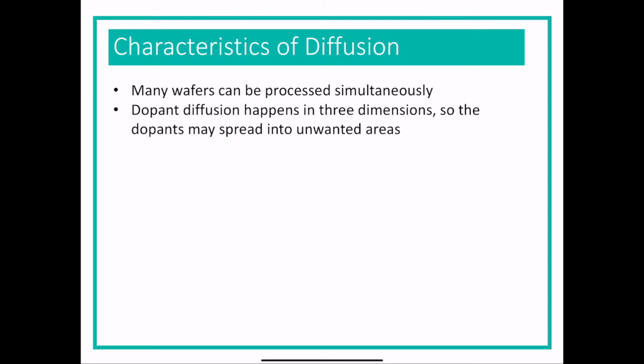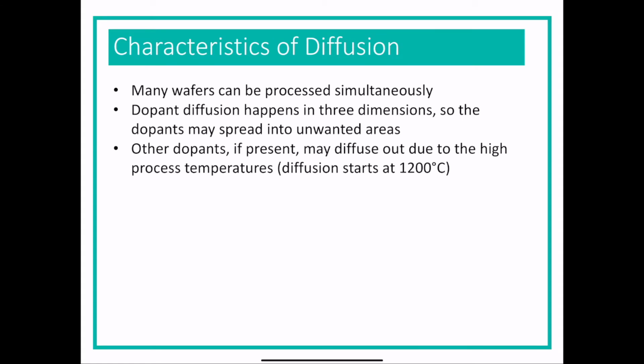Also, what happens when you use diffusion is everything has to be heated at the end in order to reconstruct the lattice and make all the dopants part of the lattice. Remember, I said it was kind of messy when everything diffuses in and it all goes in different places. And the heating goes up to like 1200 degrees Celsius, so really hot.